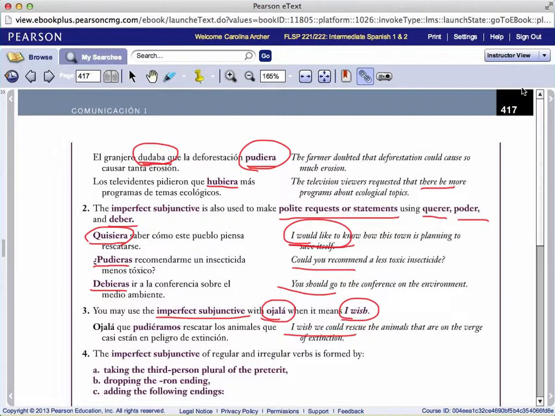Ojalá que no llueva. But when you say ojalá and you use the imperfect subjunctive, you're expressing something that is just not possible. You're saying, I wish we could do this. We can't, but I wish we could, okay? So, ojalá que pudiéramos rescatar los animales que casi están en peligro de extinción. So, to express, I wish, okay?